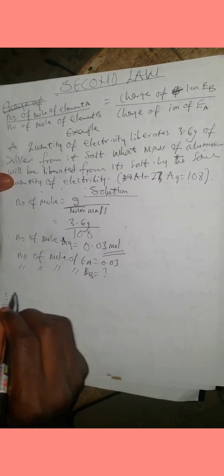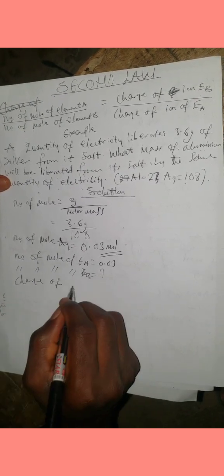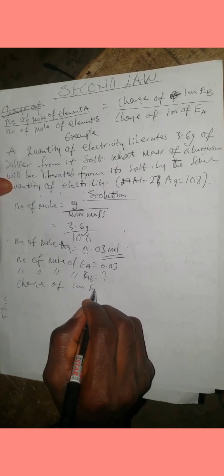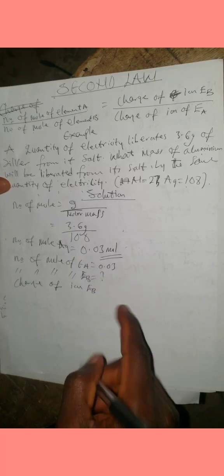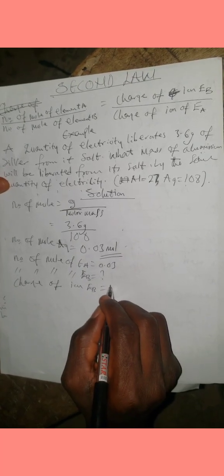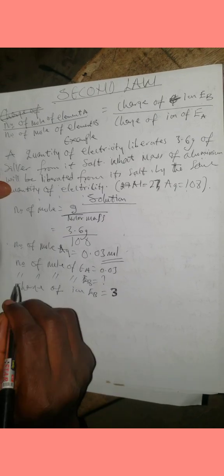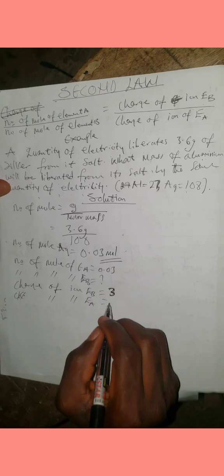Then the charge of ion of element B, which is aluminium. If you look at the electrochemical series, aluminium donates 3 electrons, and that means it is 3. So that is why you have to know the electrochemical series very well. Then the charge of element A: silver is always +1.